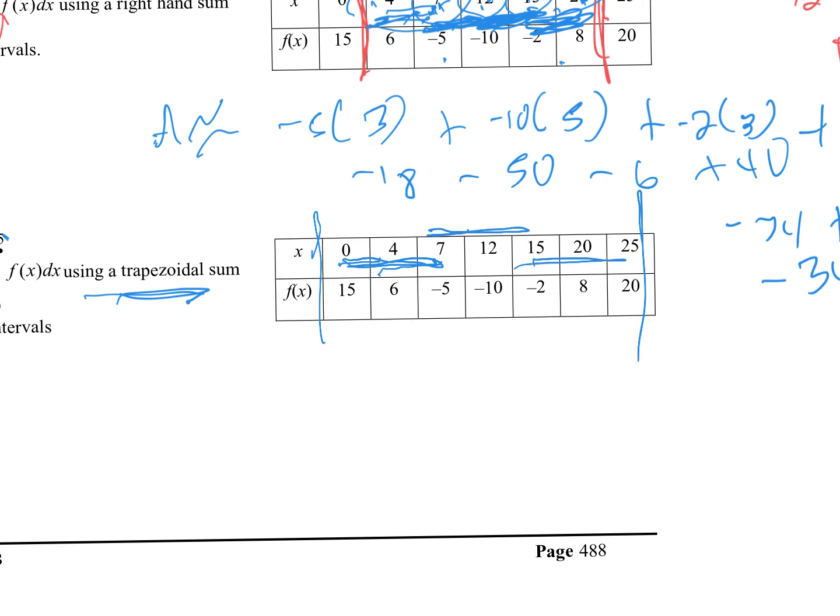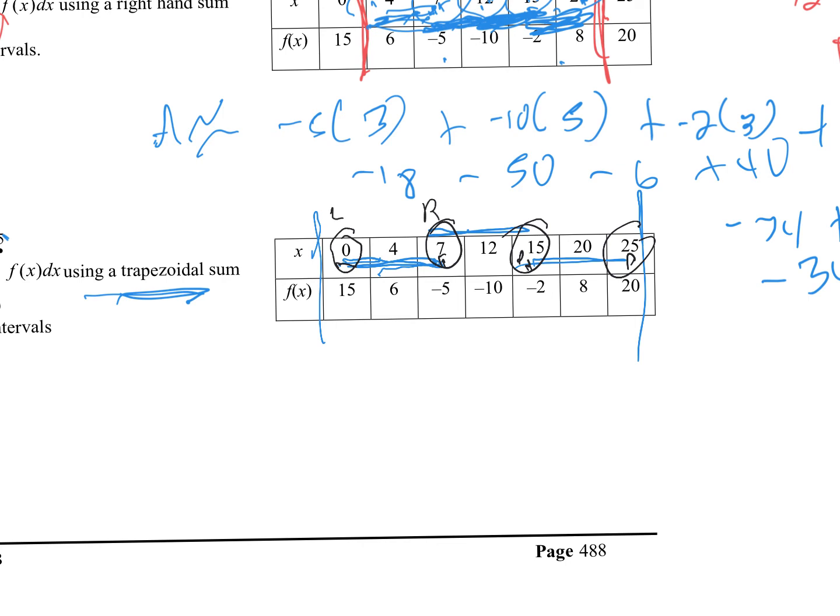That gives me 3. Is that what I wanted? Ah, perfect. Which implies base 1, base 2. You see that? And see base 3 and base 4. Left, right, left, right, left, right.